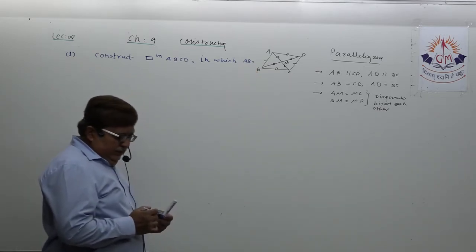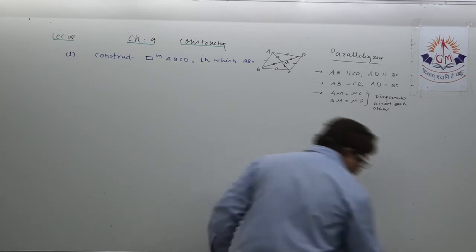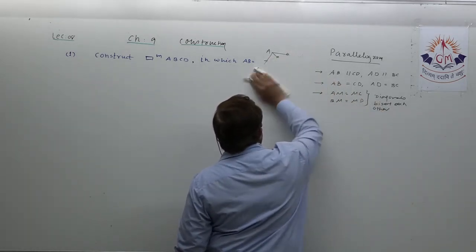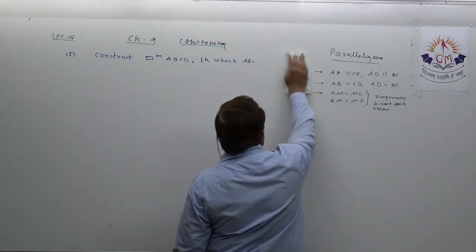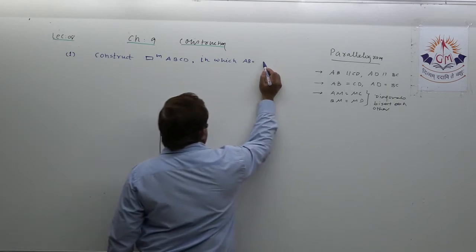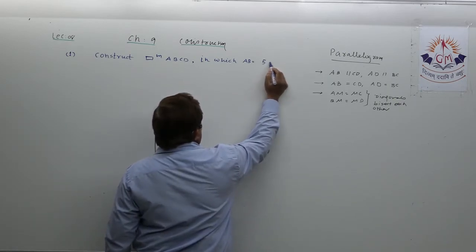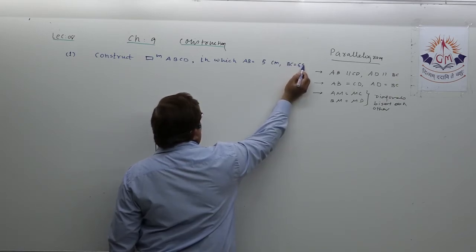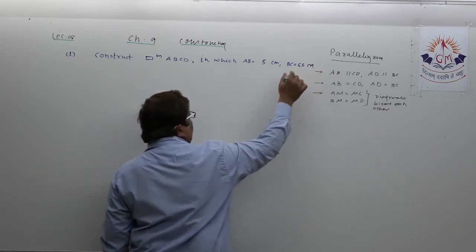I am just erasing that diagram because it was just drawn to make you understand regarding parallelograms. So in which AB equal to 5 centimeter, then BC equal to 6.5 centimeter.